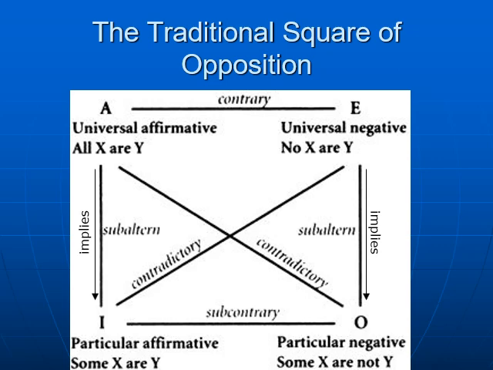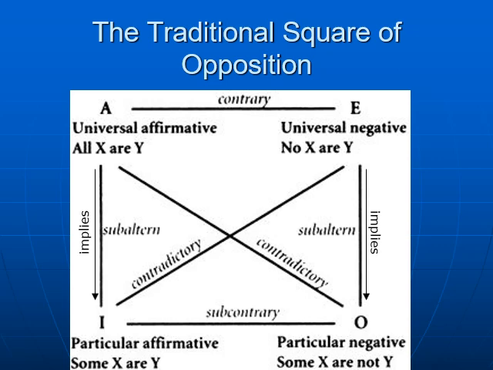And notice we've got these various relations that we talked about. An A statement, all X are Y, is the contradictory of an O statement, namely, some X are not Y. Similarly, an I statement, some X are Y, is the contradictory of an E statement, no X are Y.